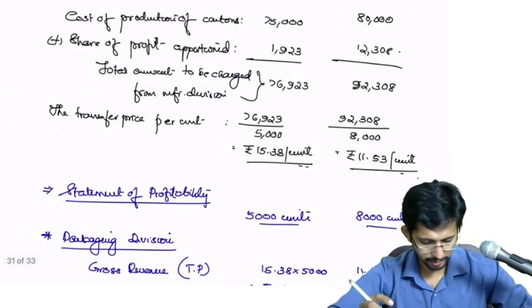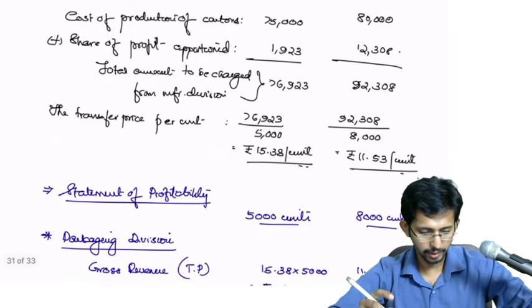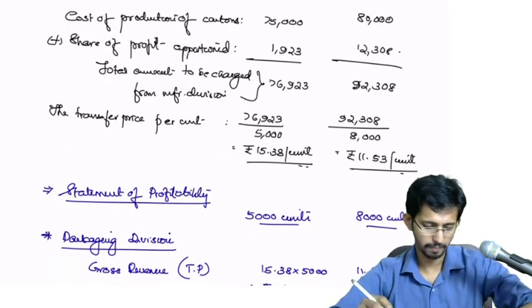What is cost of production? 75,000 and 80,000.